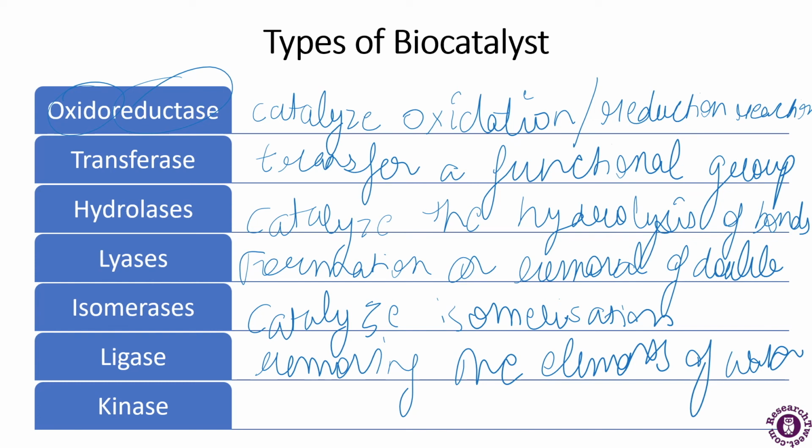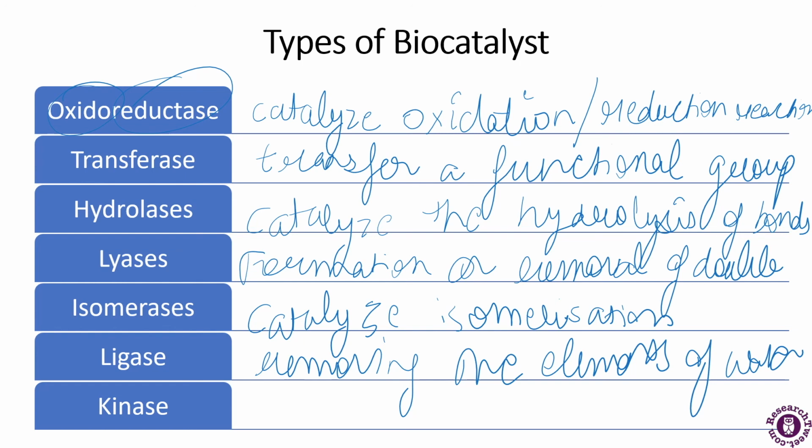This is what is known as ligases. The last one is the kinase. This enzyme in the body attaches a phosphate group to a high energy bond, and it is a very important enzyme required for ATP production and activation of certain enzymes as well.